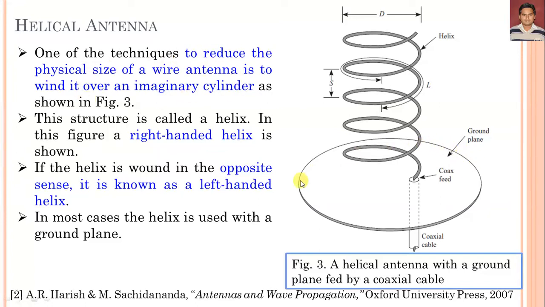As you can see, this is the case of the helical antenna, placed on a ground plane and fed with a coaxial cable. This is the coax feed, and this is the ground plane, or we can say a cylindrical imaginary surface, and this is the wire antenna, and these wires are wound over here.